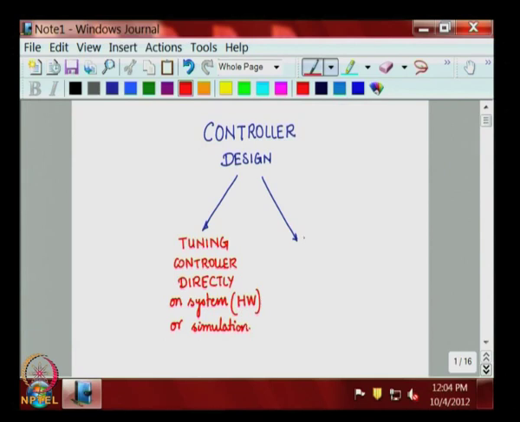The other method is from the model. We have developed the small signal model of the DC-DC converter. Using that model, we use the root locus technique. And then from the root locus technique, we arrive at controller parameters.